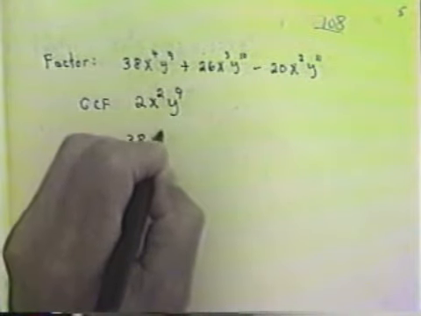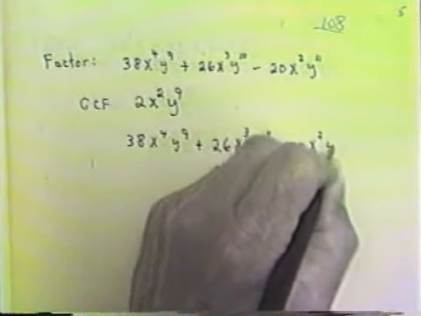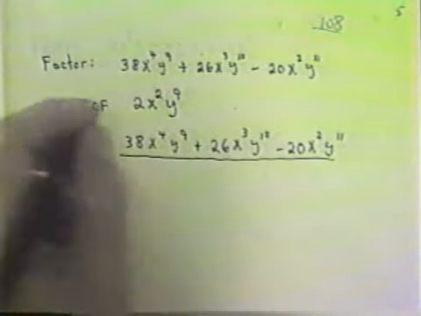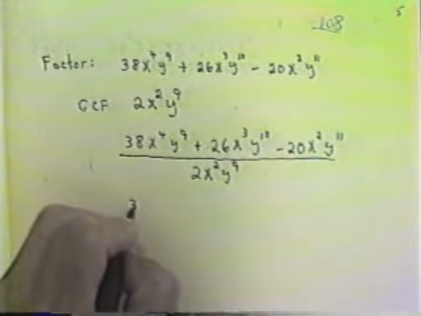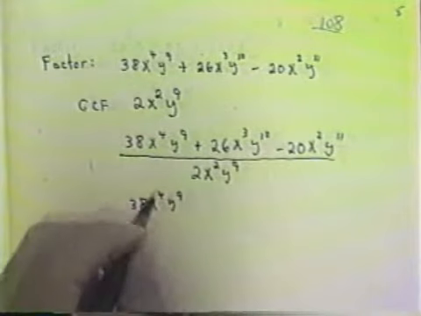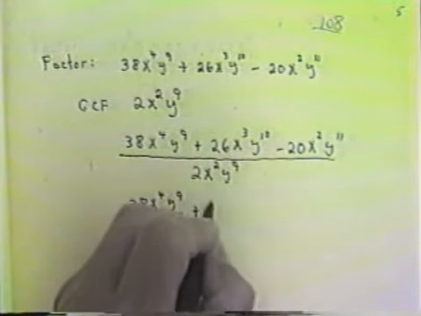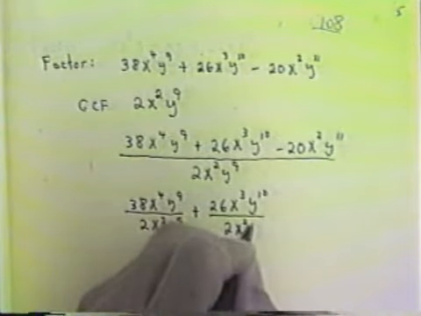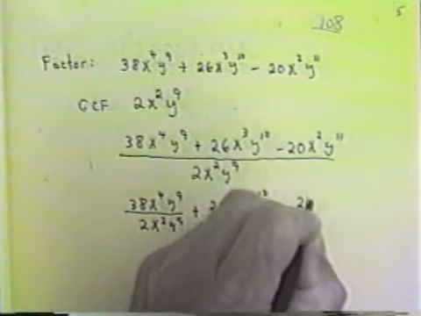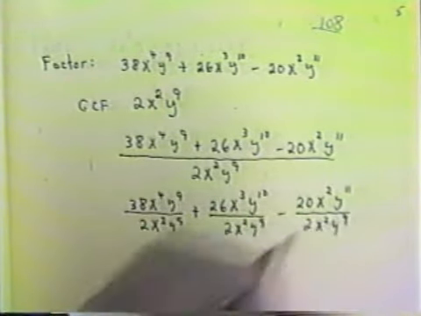So I take the 38x to the 4th y to the 9th plus 26x cubed y to the 10th minus 20x squared y to the 11th, and I divide it by the common factor, which is 2x squared y to the 9th, which means I take the 38x to the 4th y to the 9th, divide it by 2x squared y to the 9th, plus the 26x cubed y to the 10th, divided by 2x squared y to the 9th, minus 20x squared y to the 11th, divided by 2x squared y to the 9th.